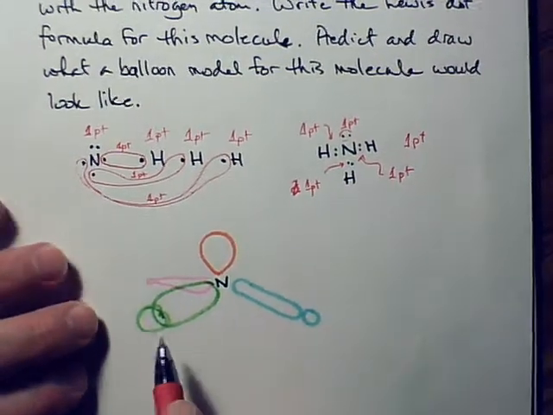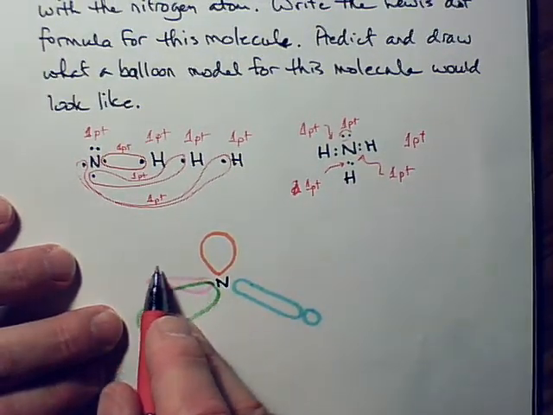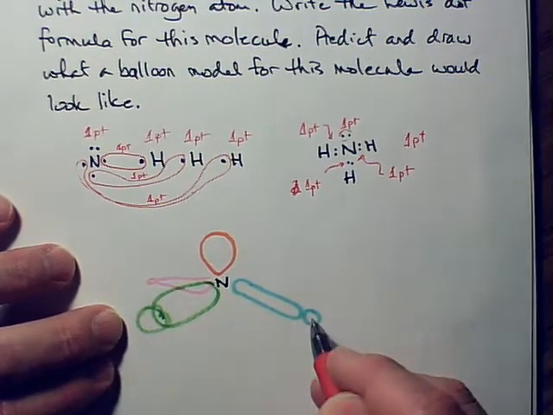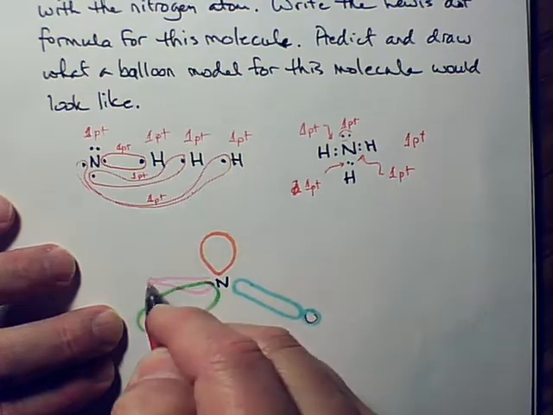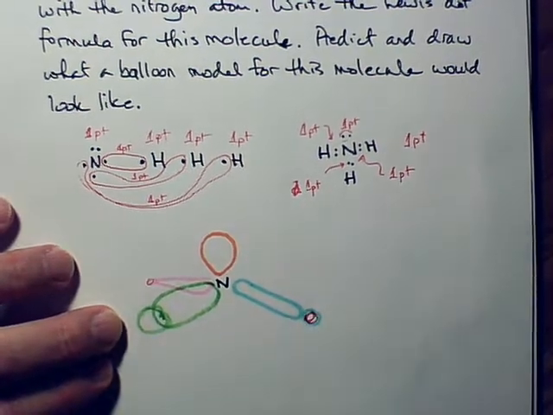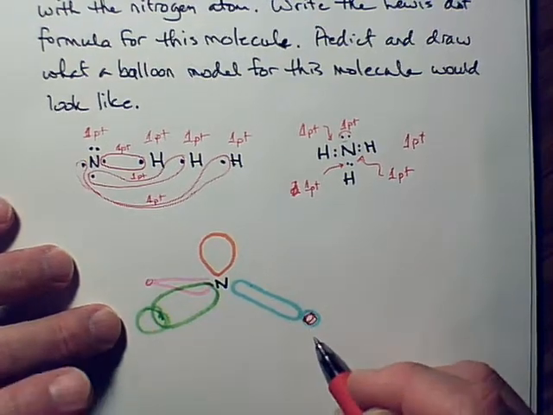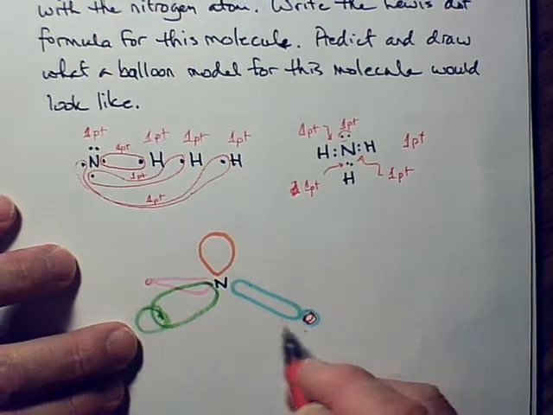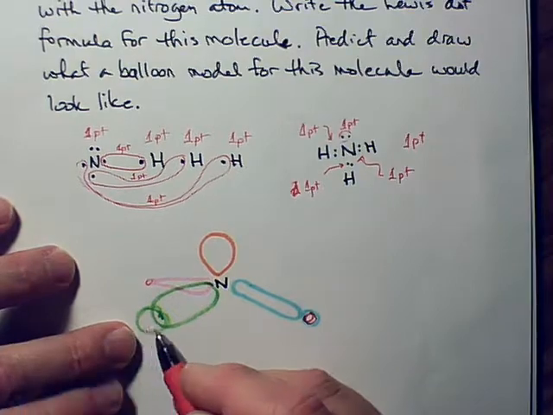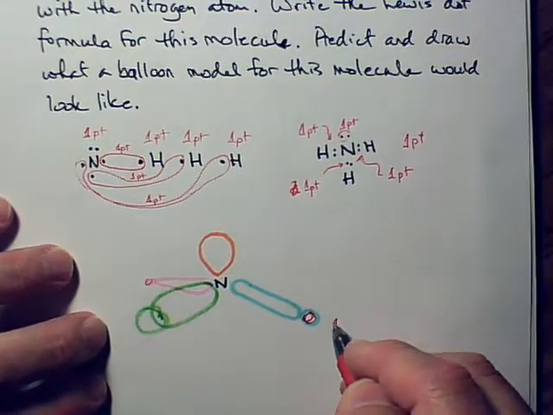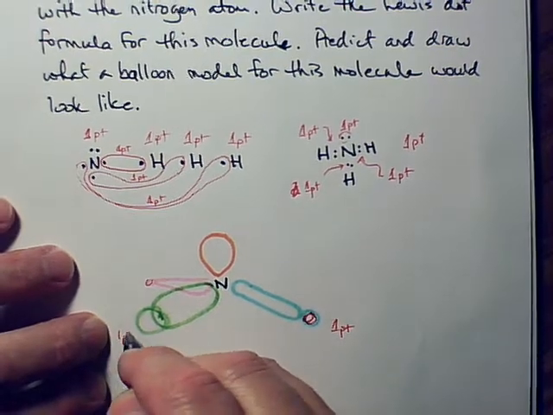Okay? So in the balloon model, it really doesn't matter to me whether you put an actual circle here like I did, or if you just put a big fat dot or something to show where that nucleus is, or you put an H there. You could have done that, any of those things. But you have to have hydrogens represented in these places, okay, somehow or other, all right? And so each of those hydrogens are going to be worth a point.